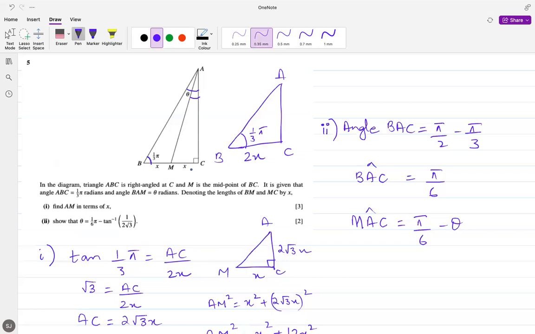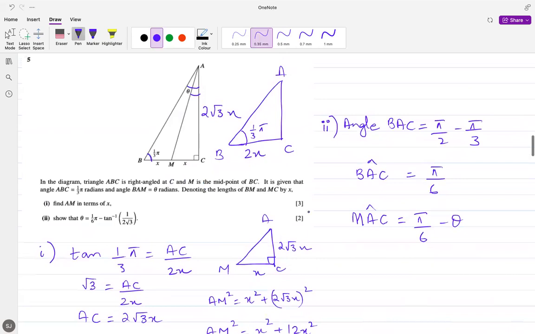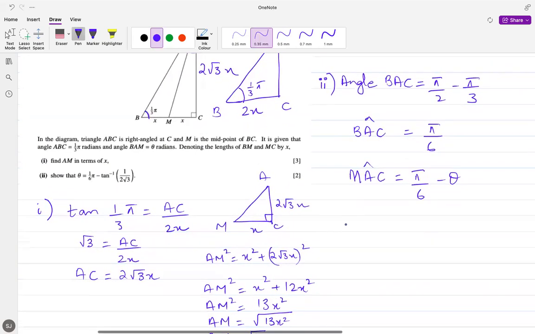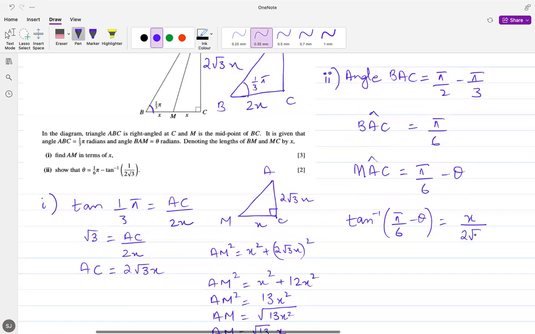We already have the length of MC, which is x, and the length of AC we found in the last part, which was 2 root 3 x.